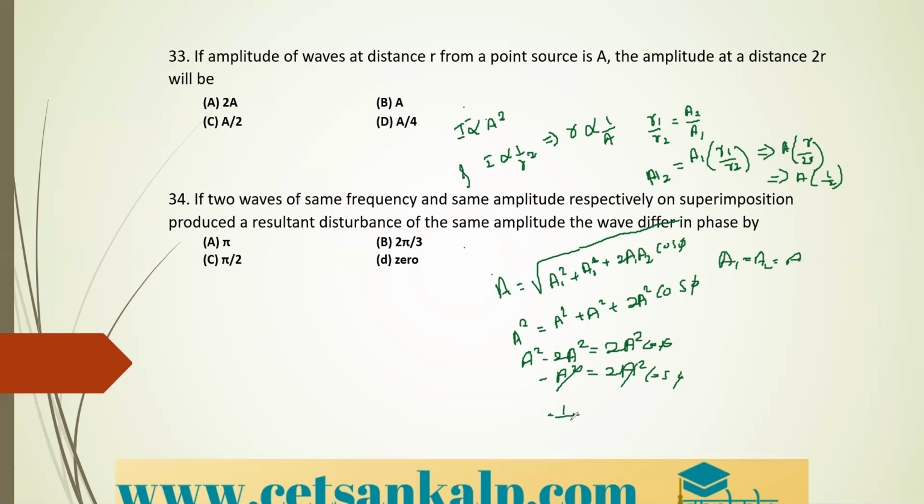Therefore, you are going to get minus 1 by 2 is equal to cos phi. When cos phi is minus 1 by 2, phi is equal to 2 pi divided by 3. That is option B, the correct option here.